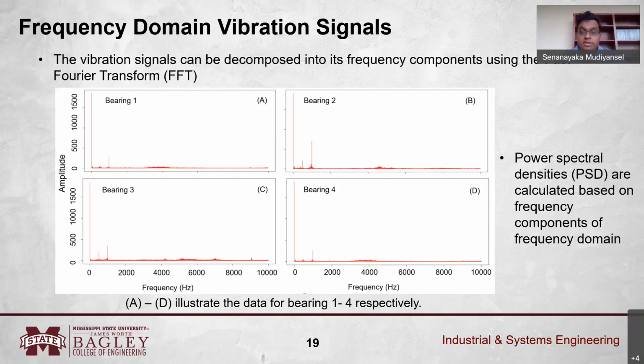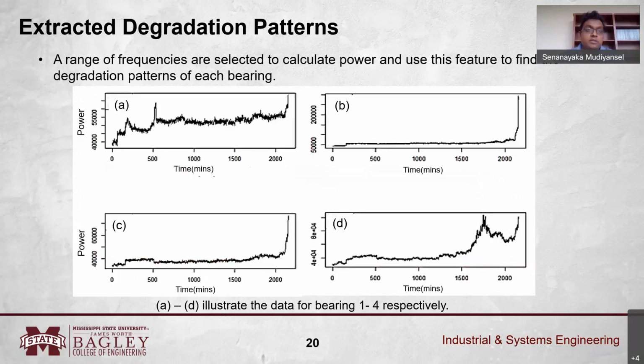In bearing 2, as we focus on bearing 2, the important information is somewhere between 1000 hertz and 4000 to 6000. We use this information to calculate the spectral density, and we observed the degradation pattern.